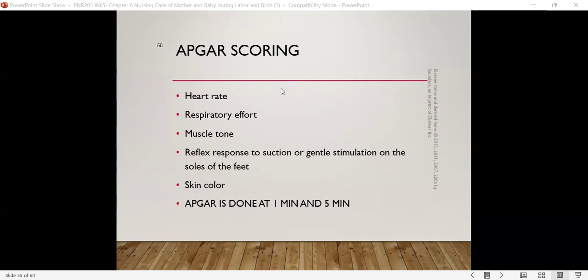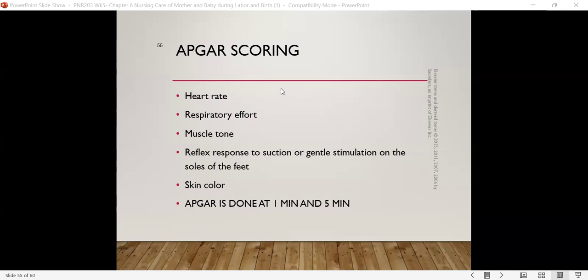Now maybe Daddy's upset, or Daddy's going into the recovery room and says, my baby's hands are blue and their feet are blue. That's okay. It takes time after the baby's born. And remember those 3 shunts that we talked about before? Well, they all have to close, so the circulatory system has to change completely.